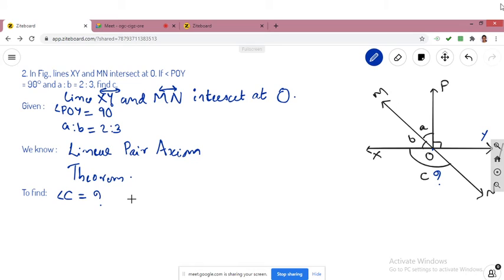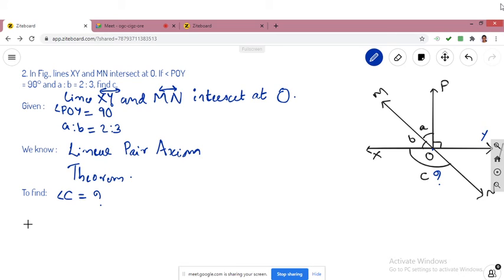Now, Vasanta was saying that we can apply vertically opposite angles. Can you say it again, Vasanta? Angle C is equal to angle A plus 90 degrees, ma'am. Which are the lines you are considering to take the vertically opposite angles?